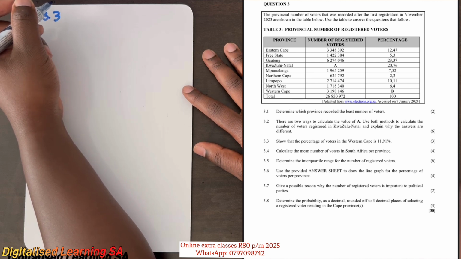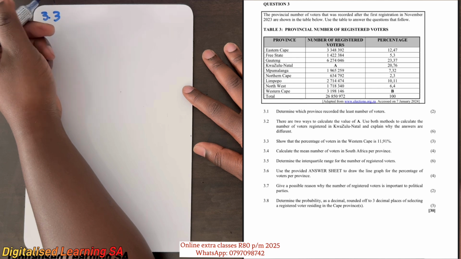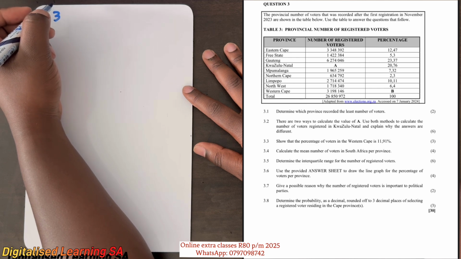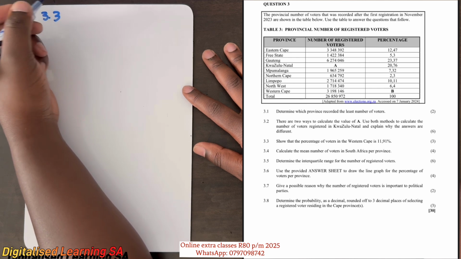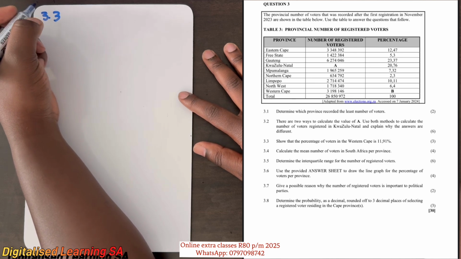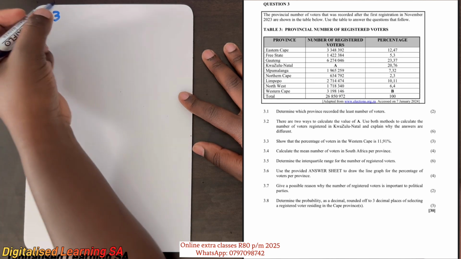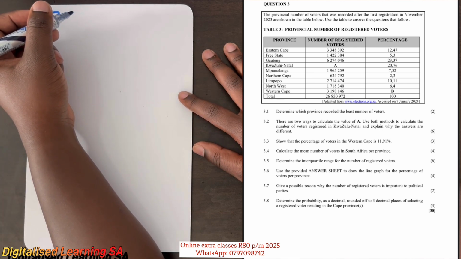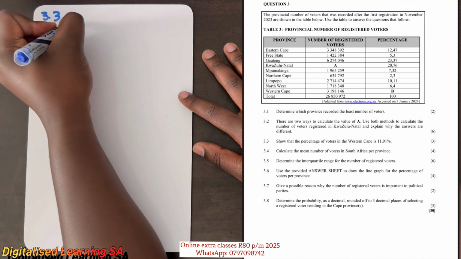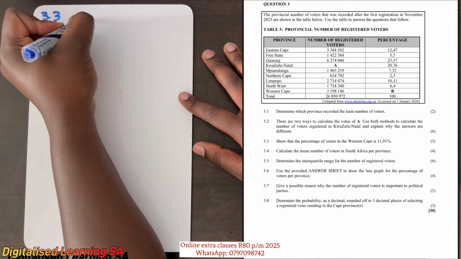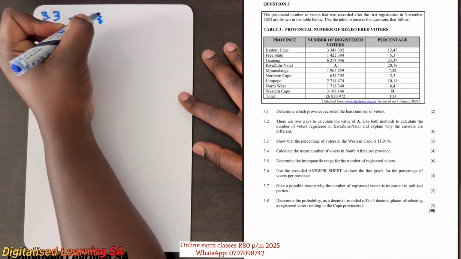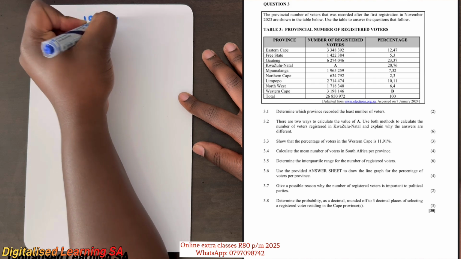That's B. If you check on the percentage column, you can see that B is unknown. There are many ways that you can use, either method 1 or method 2, but in this case we will just use one method. The number of registered voters in Western Cape was 3,198,146.